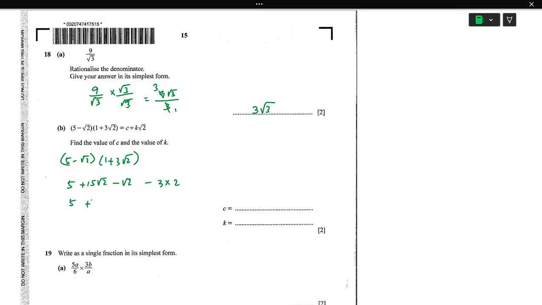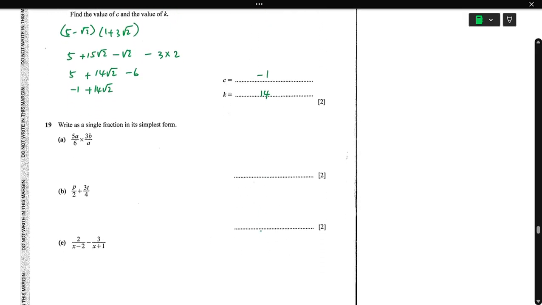So 5 plus 15 minus 1, which is 14 root 2, and minus 6. So 5 minus 6 is going to be negative 1 plus 14 root 2. So which is going to be this form here, c plus k root 2. C is negative 1, so c equal to negative 1, and k equal to 14. That's the answer here.